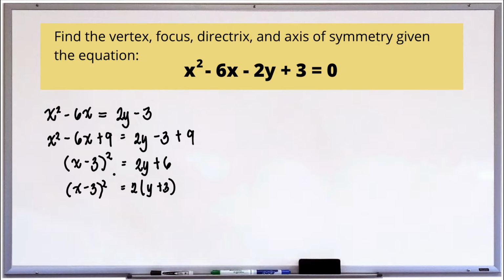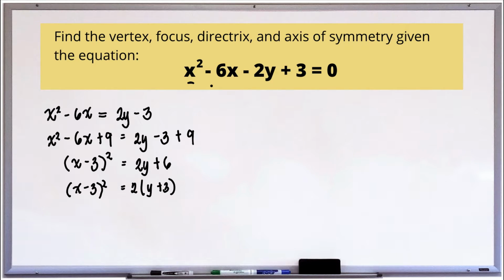Now this is where I will be teaching you the pattern that I mentioned before. Remember, when finding the opening of the parabola, if the x variable is squared, then it must open upward or downward, or the parabola is vertical. If y is squared, then it must be horizontal.